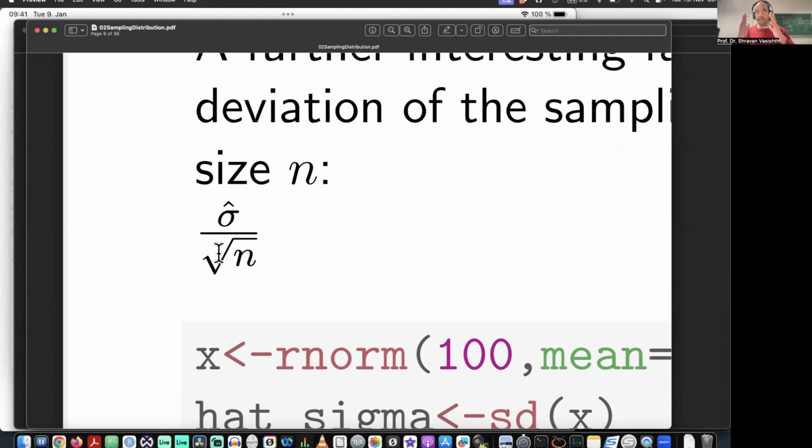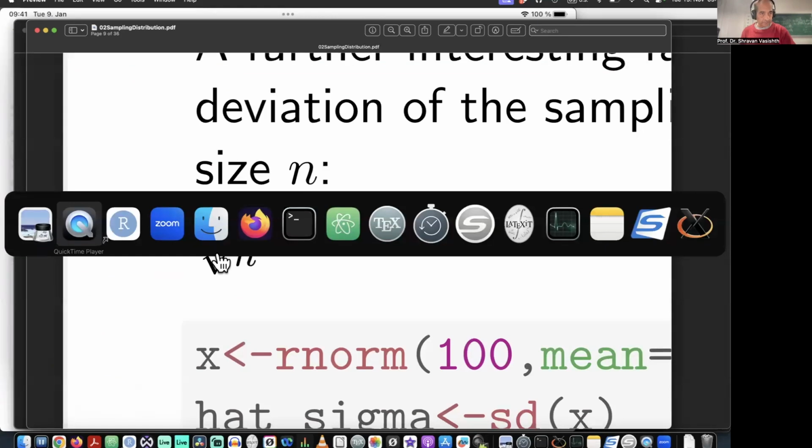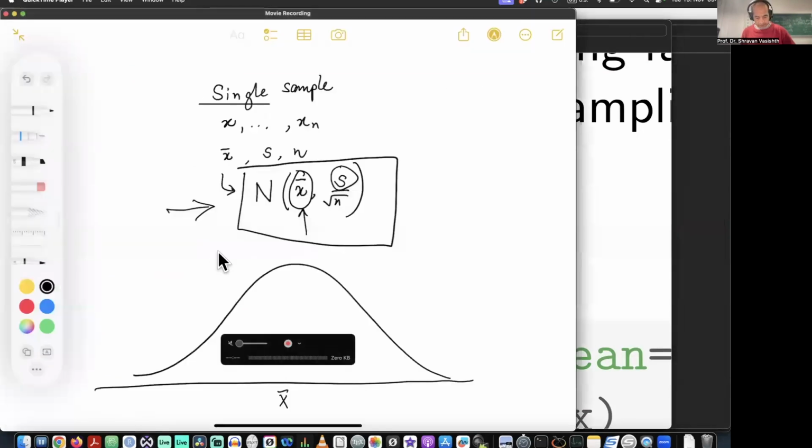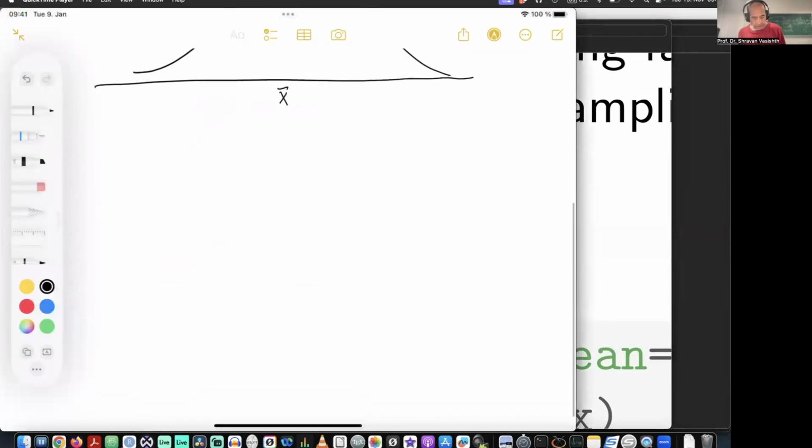If you increase the sample size, what will happen to the standard error? It's going to get smaller and smaller because the square root of n is in the denominator, right? So as n increases, the standard error is going to get smaller and smaller. Graphically, what this means is if I do an experiment with sample size 5, let's say, then I'll get a particular variability.